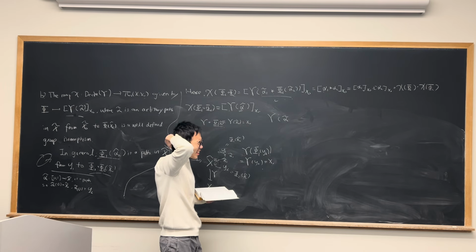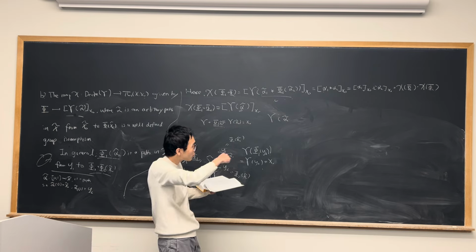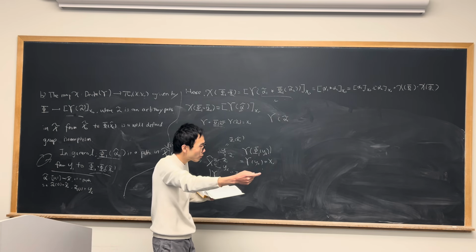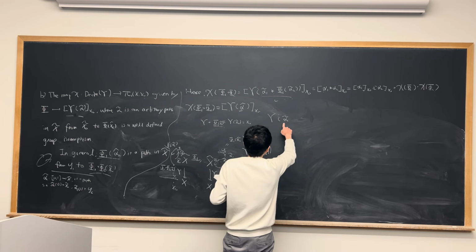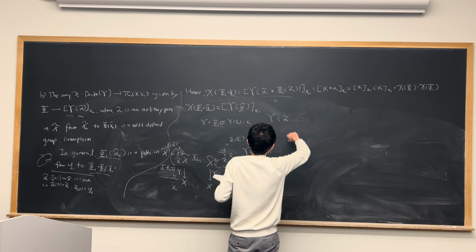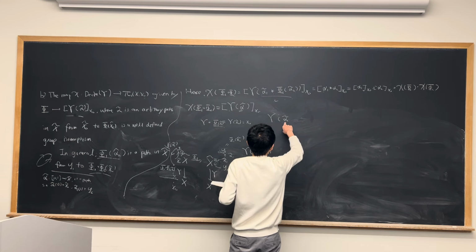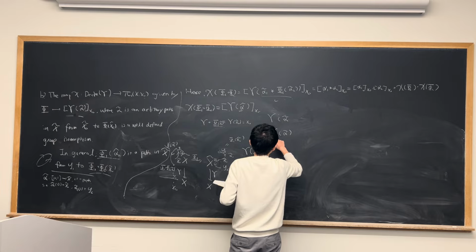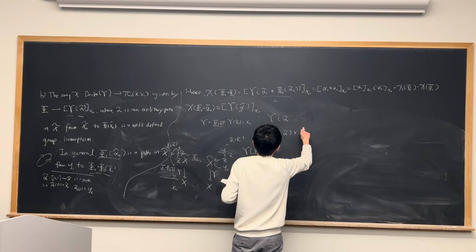Basically this path is divided into two parts: one part corresponds to the image lying in this alpha tilde, and the other part corresponds to the image lying in phi 1 of alpha 2 tilde. After you do the projection, because it's a continuous map, the previous part projects down to this alpha, and the second part projects down to phi 1 of this alpha tilde 2.